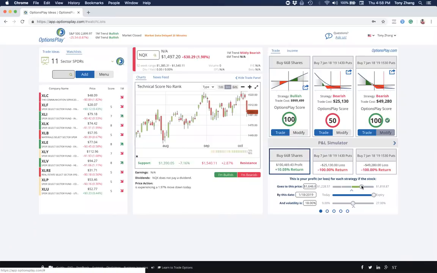So here you made $100,000 on your portfolio because it went higher, but you lost $25,000 on the catastrophic insurance versus $49,000 on the comprehensive insurance. So you've actually lost either a quarter or a half of your gains if the market does shoot higher. So this tool is really designed to allow you to pick the different scenarios as to where you think the market might be headed.